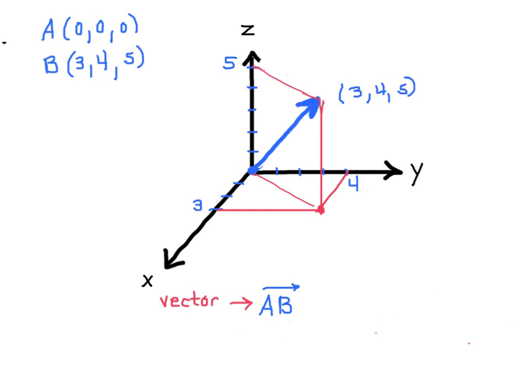Now let's label point A. This is A. I'm labeling it in green. And I'm going to switch to blue to label point B. And then I'm going to go back to green, and I'm going to label this point right here.